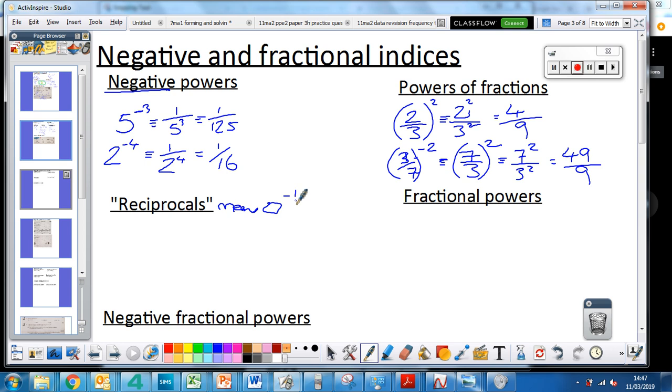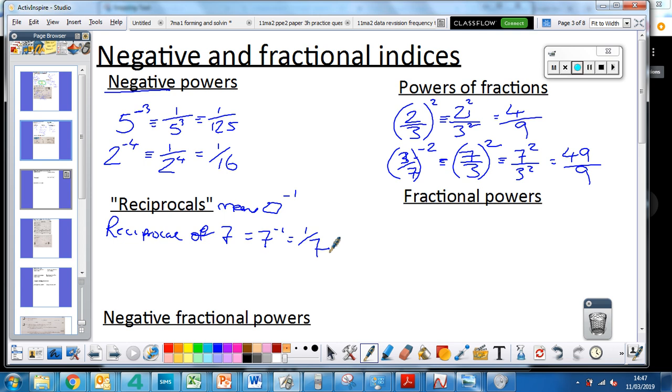That's one of the meanings of reciprocal. So you need to recognize reciprocal meaning to the power minus 1. So if they asked you for the reciprocal of 7, that's 7 to the minus 1, which is 1 over 7.